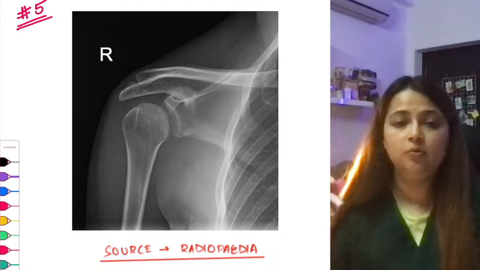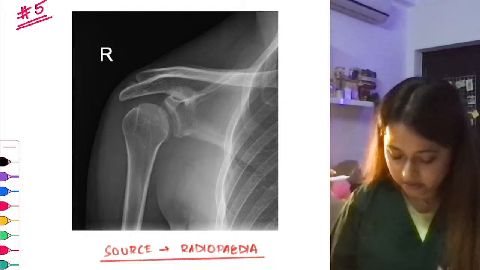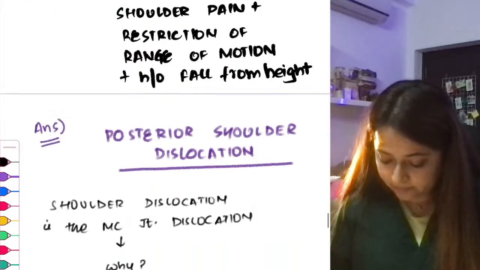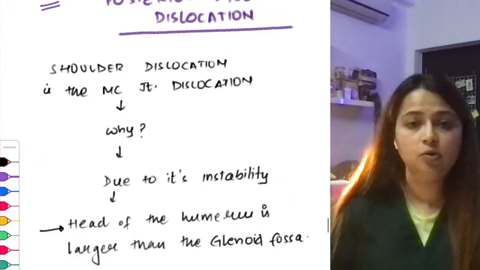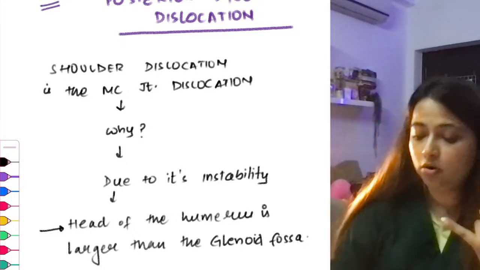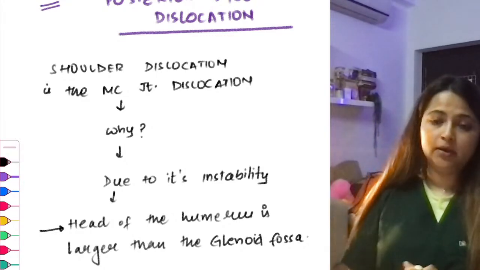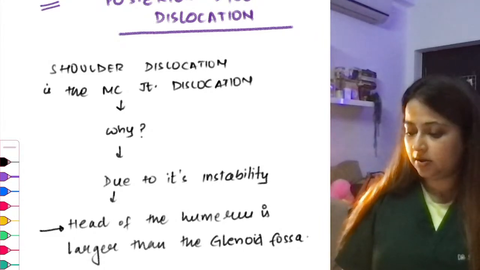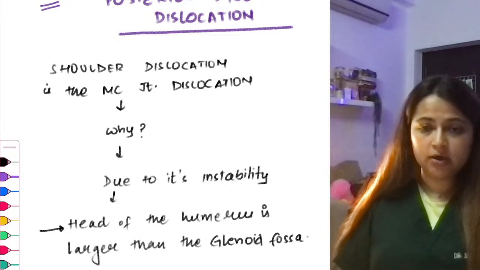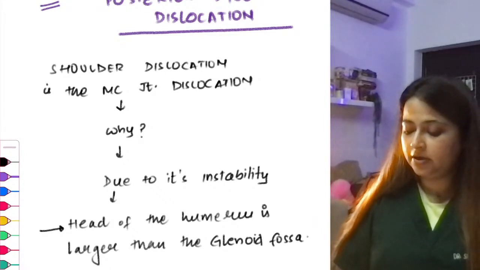Then we would be talking about the findings here. So once you have had a look at this X-ray, now let us move ahead. Posterior shoulder dislocation. Before moving on to the type, we should know that the shoulder joint is the most commonly dislocated joint. What is the reason for that? Why do you think the shoulder joint is the most commonly dislocated joint?